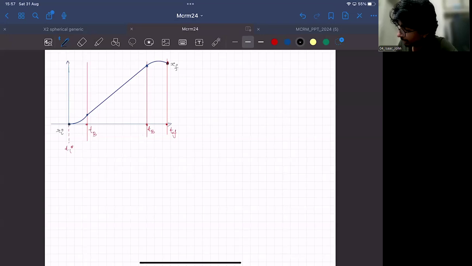The first would be from time 0 to TB. Then the second interval would be TB to TF minus TB, right? Then the third interval would be TF minus TB to TF.